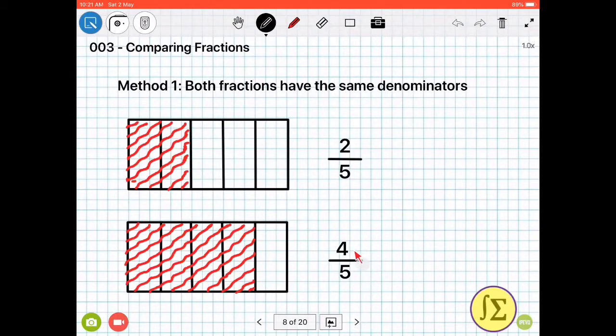This one has a value of 4 and this fraction has a value of 2. Since 4 is larger than 2, 4 over 5 is larger than 2 over 5.